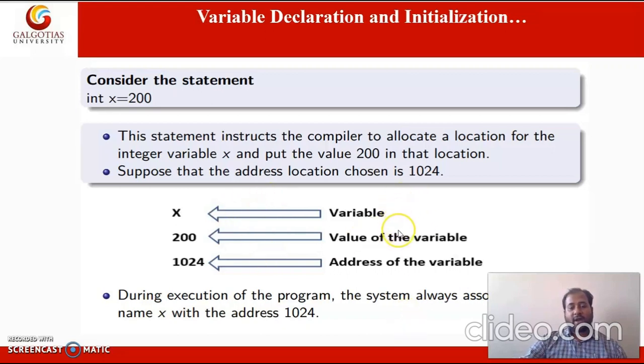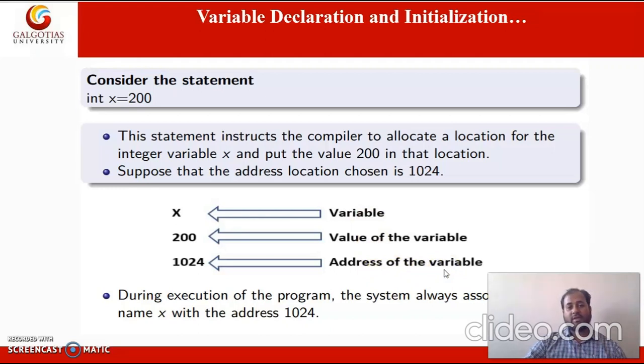Three things are involved while declaring and initializing variables. Here we can see x is the variable, the value of that variable is 200, and the address of the variable is 1024.